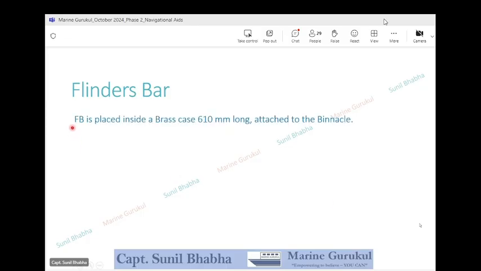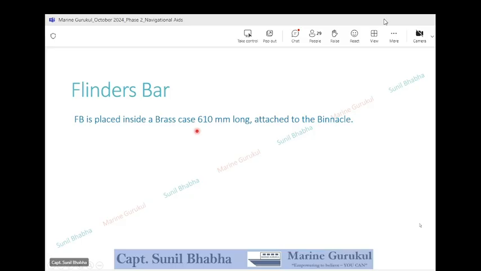Now going more into analyzing the Flinders bar. The Flinders bar is placed inside a brass case. It could be a brass case, or a plastic one, or any material which is non-magnetic. All the items which are used close to the magnetic compass in the binnacle, even the nails and screws, are made up of non-magnetic material.